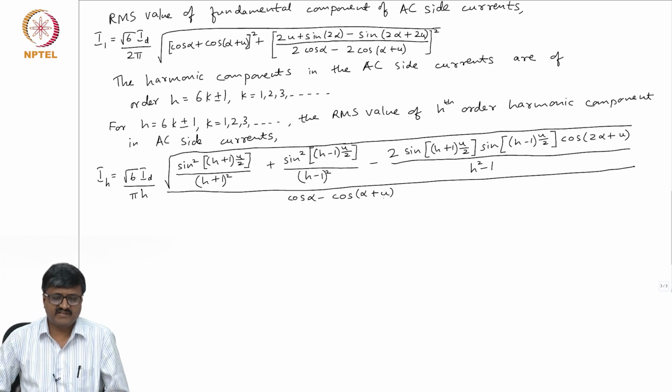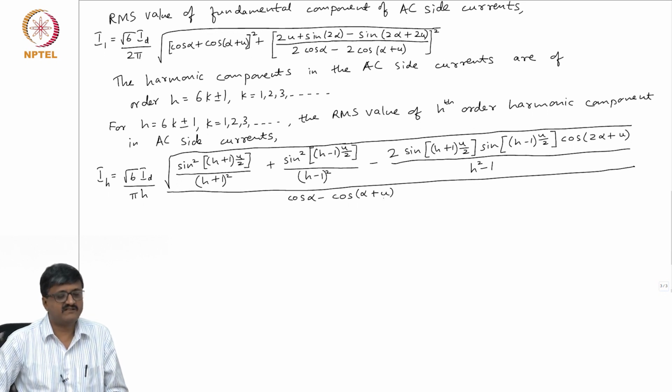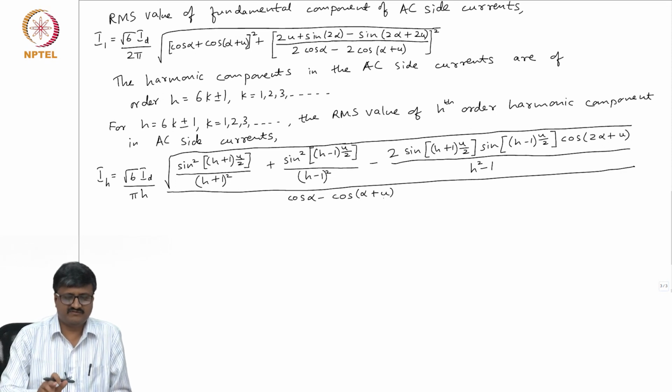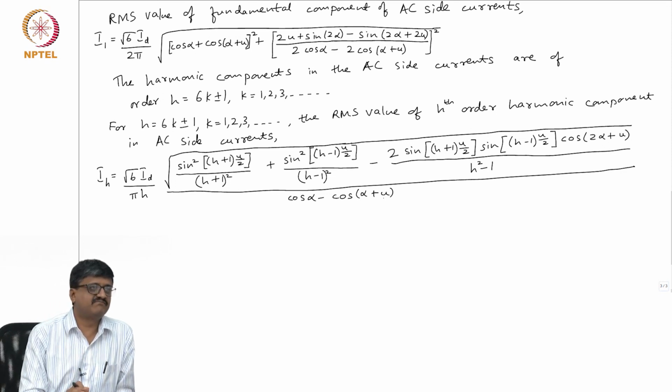Of course, there can be one obvious question, why I am writing separate expressions for I1 and for IH where H is not equal to 1. See, Fourier series does not distinguish between H equal to 1 and other values of H. Now, the purpose of writing two expressions is to say that I can't use the general expression for IH for I1.